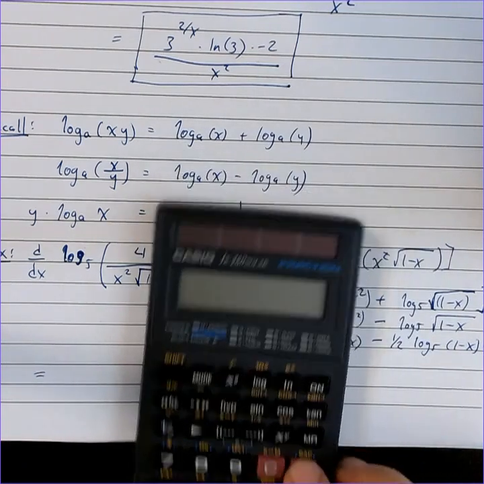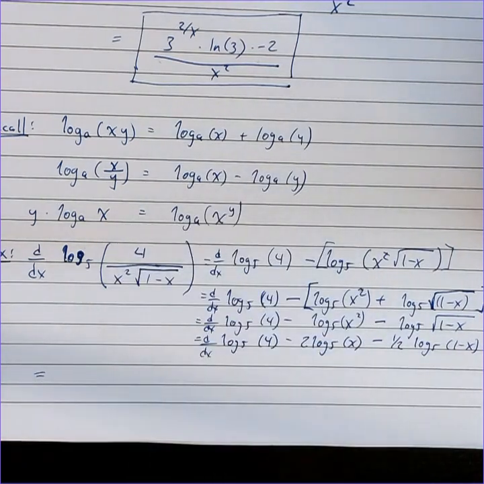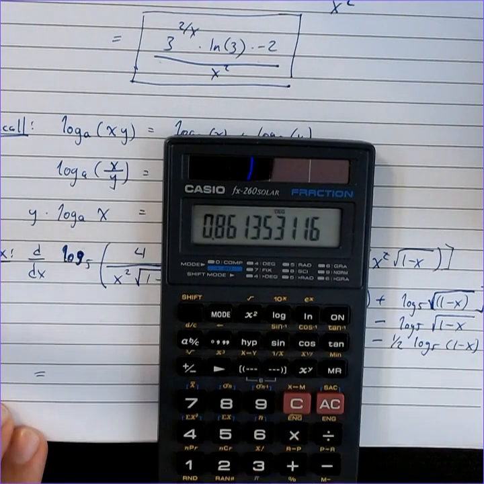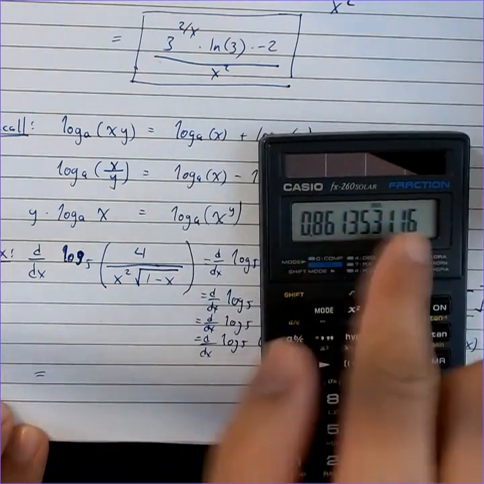Here, let's see, what is that? I'm going to pull out a calculator here. Not that it actually matters, because it doesn't matter what base we have, but it's equal to approximately 0.86. That number itself doesn't matter at all.